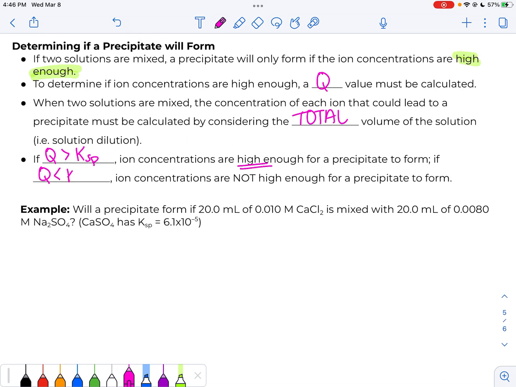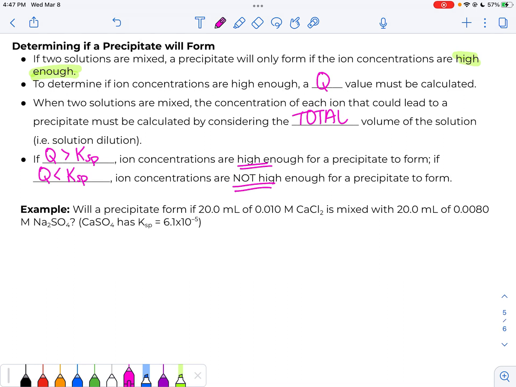Alternatively, if your Q value is less than Ksp, your ion concentrations are not high enough for a precipitate to form. You have too few ions in solution. They're not going to come out as a solid because there are few enough of them that they can stay dissolved in your solution. Okay, so let's do an example.